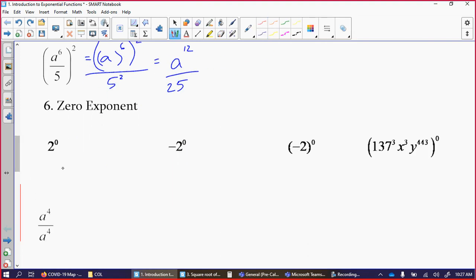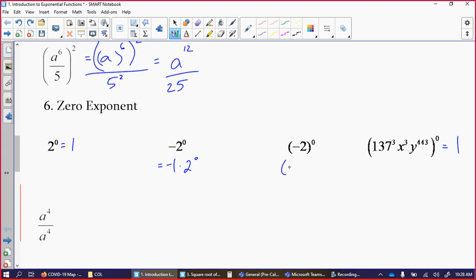Zero exponent is my favorite one. 2 to the 0 is 1. These two are here because they're tricky. And then this one here is, I got a whole bunch of stuff, and I just picked all sorts of random numbers. So that one is 1. These two are very different. This one is equivalent to -1 times 2 to the 0.